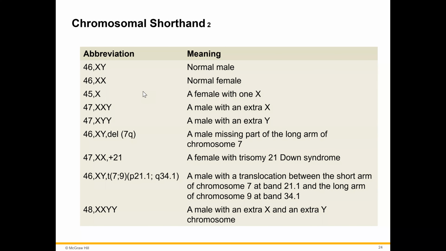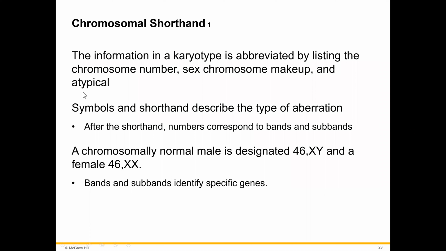Now remember, I told you we will go back. That's what it says: information in a karyotype is abbreviated by listing the chromosome number, sex chromosome makeup, and any atypical abnormalities. Symbols and shorthand describe the type of aberration.